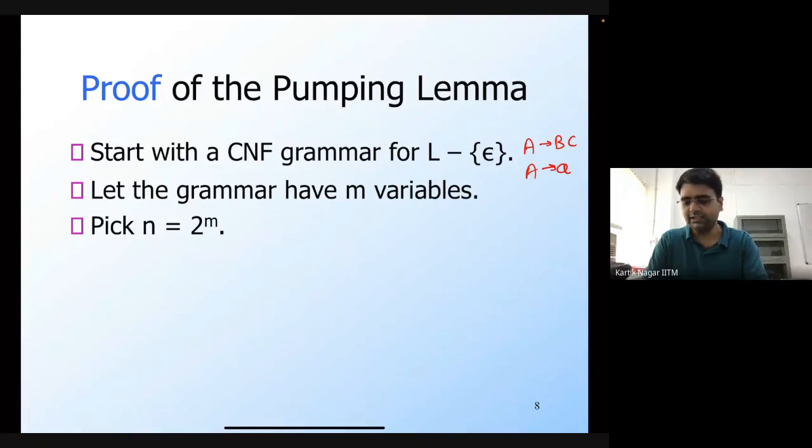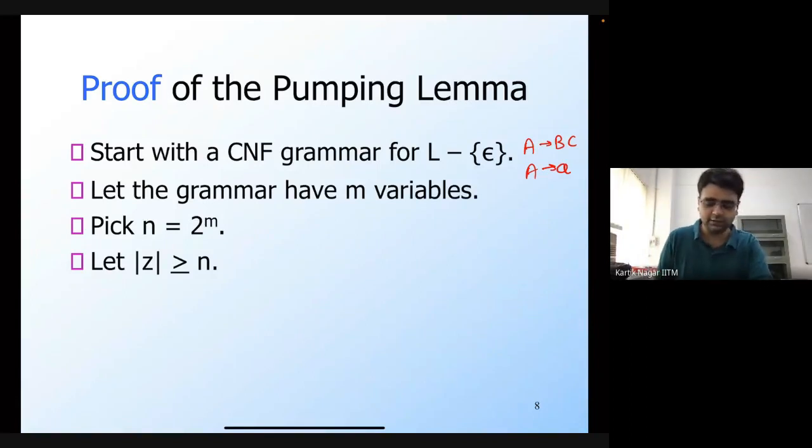If you look at the derivation of a string using these production rules, at every step of the derivation I can at most double the length of the string. That's why we have picked n equal to 2 to the power m. This will become more clear as we move along. So we pick n to be 2 to the power m, and then let's say we consider a string z whose length is greater than or equal to n.